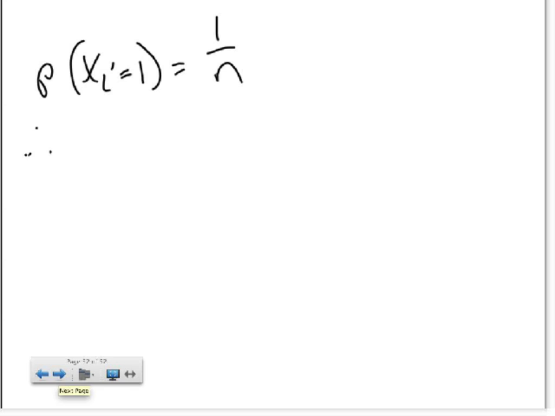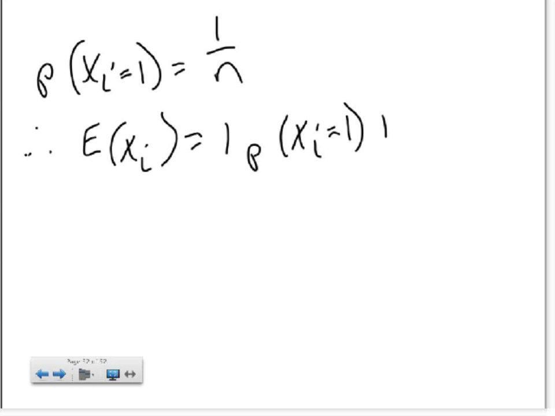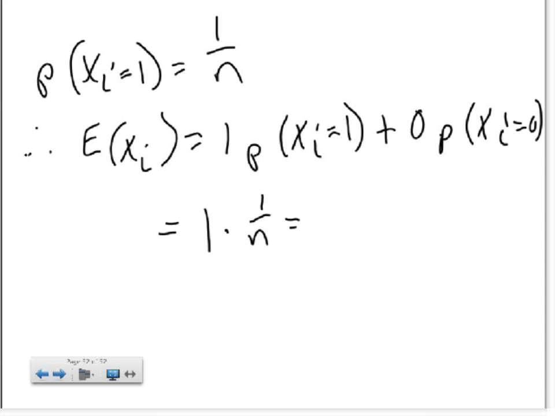Therefore, the expected value that an individual person receives the correct hat is the outcome 1 times the probability plus 0 times the probability that they do not receive the correct hat. And this just equals 1 times 1 over n, so that equals 1 over n.